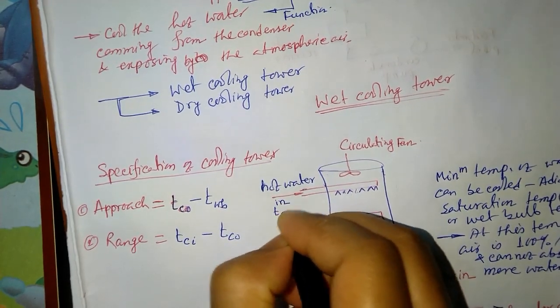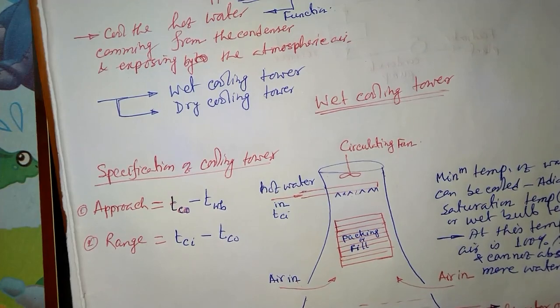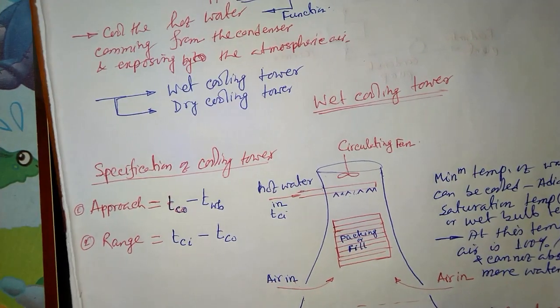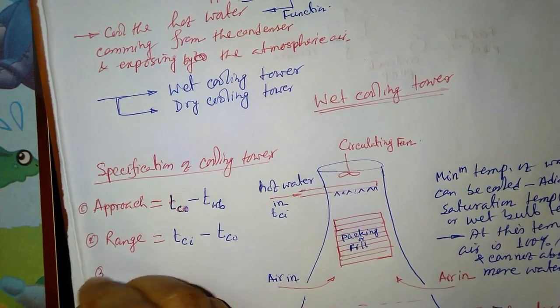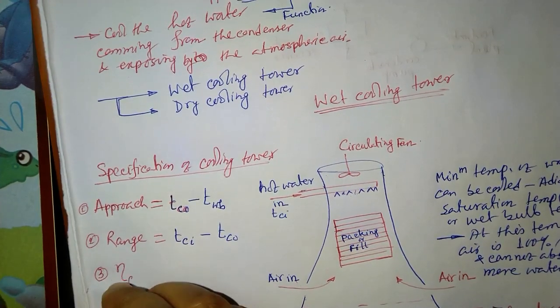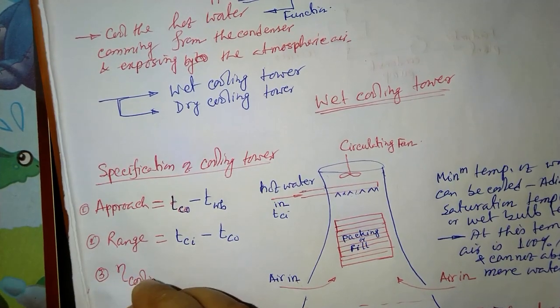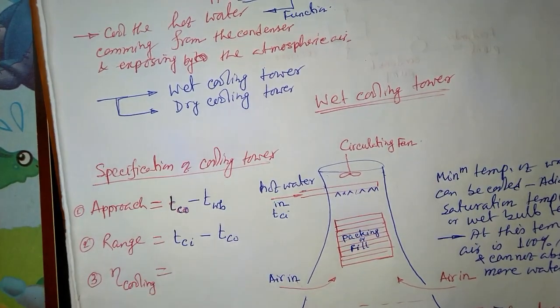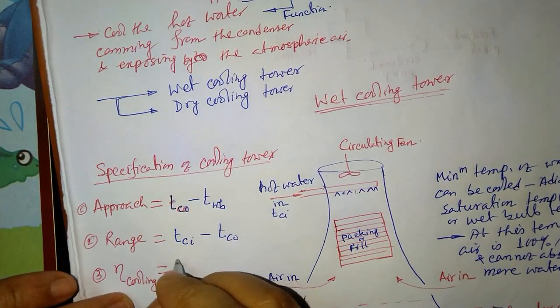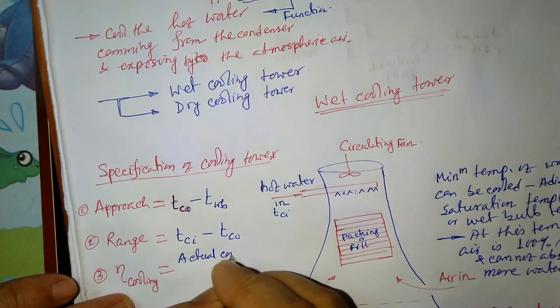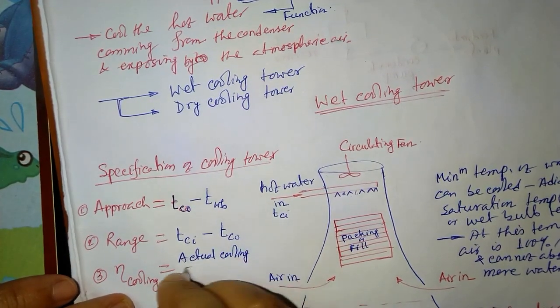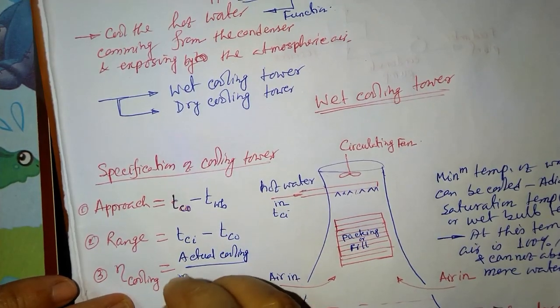Suppose here you write TCI, here you write TCO. So this is our range. And third we have the efficiency of cooling tower, defined as actual cooling by maximum cooling.